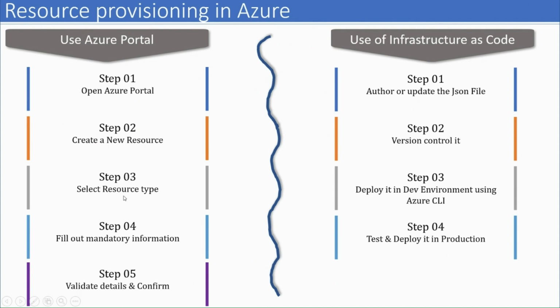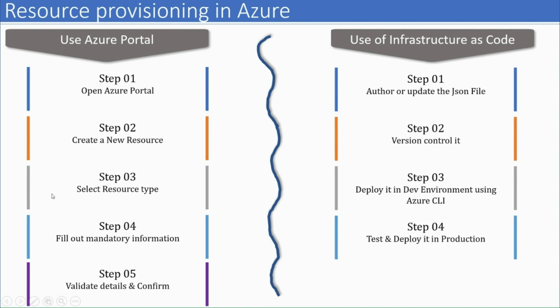You need to select the resource type, fill out some mandatory information, something like what is the resource group, region, and other stuff. Validate the details. You just click the command button create, and within a couple of minutes your resources will be deployed in a designated environment. We are going to see a live demo of how to create a resource using Azure portal shortly.